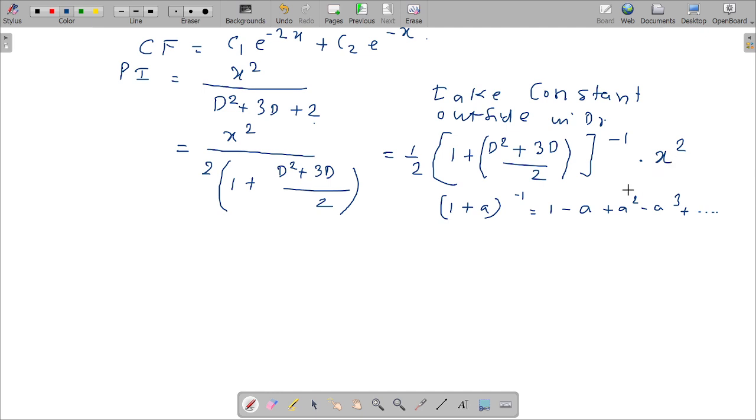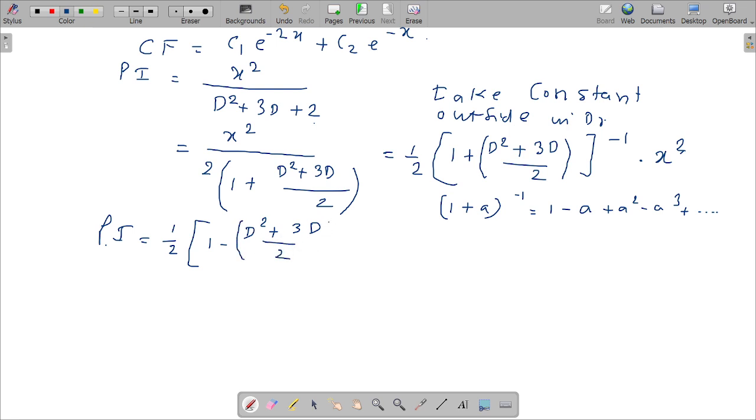If only x is there, you expand up to only 1 power. If x square is there, expand up to 2 powers. So the particular integral can be written as 1 by 2 (1 minus (D square plus 3D) by 2.